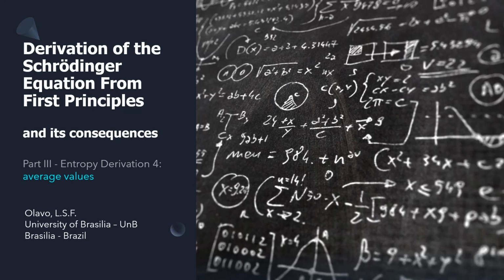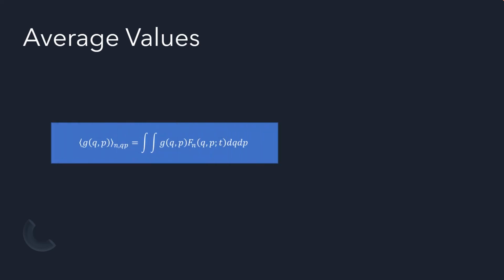Hi, we now continue our investigations using the entropy derivation and turn our attention to the calculation of average values. We have done some average value calculation in the previous video, but now we will try to make these calculations with more complicated functions.